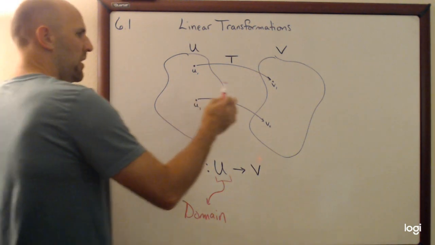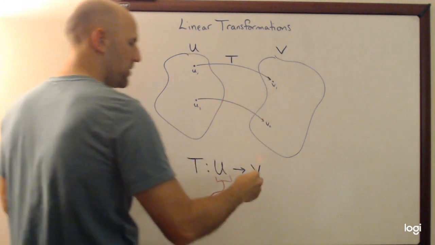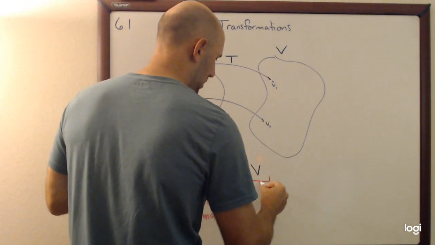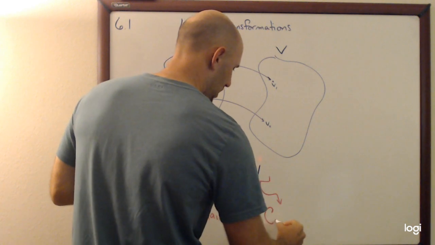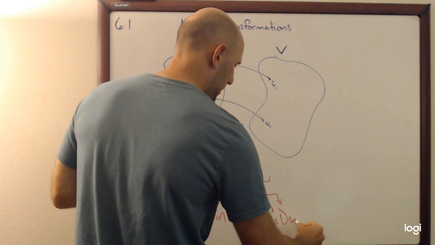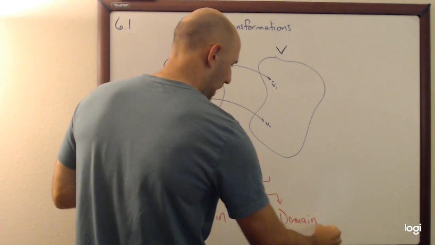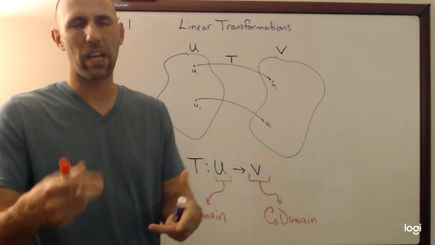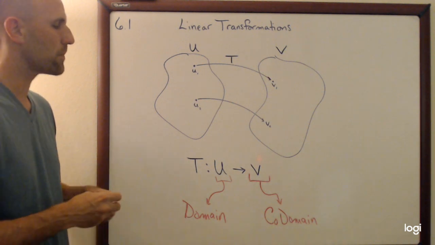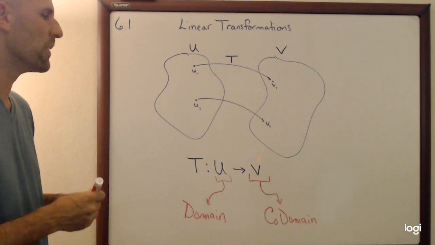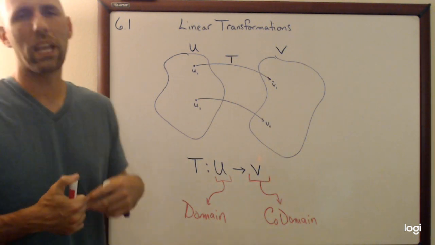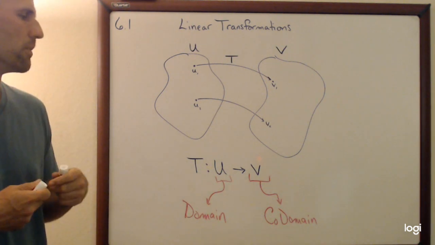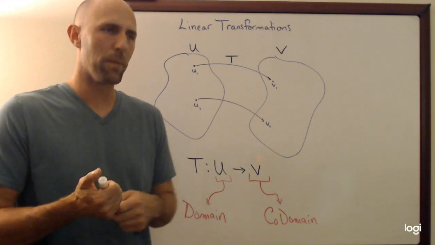The space that you're mapping into is actually called your codomain. The distinction between this and range we'll talk about in the next video, but for right now we have a domain and a codomain. And there's lots of different ways that you can develop these mappings, right?